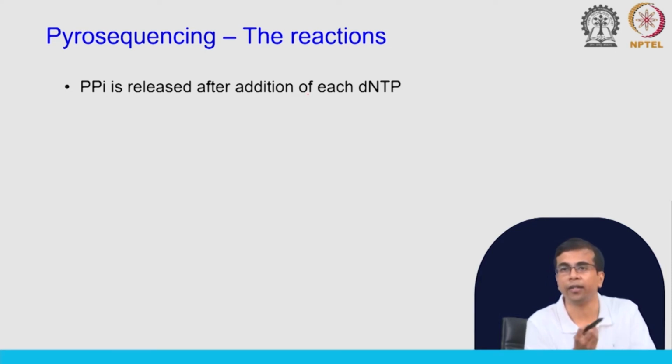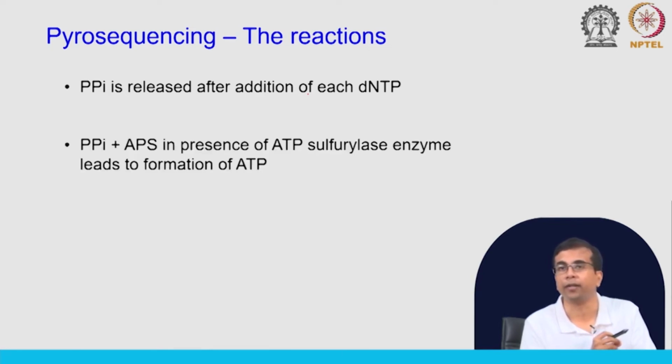So, any dNTP, dATP, dTTP, dCTP or dGTP, any type of dNTP will release a pyrophosphate if there is an incorporation of that base in the growing strand. This pyrophosphate, in the presence of APS and the enzyme ATP sulfurylase, leads to formation of ATP.